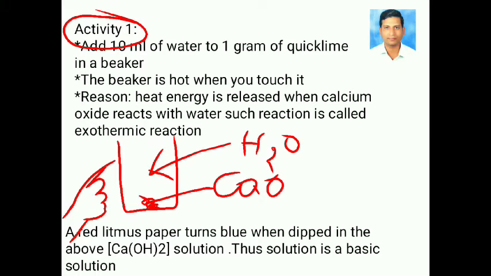The reason is that the calcium oxide reacts or dissolves with water, and in this process heat energy is released. The reactions in which heat energy is released are called exothermic reactions.